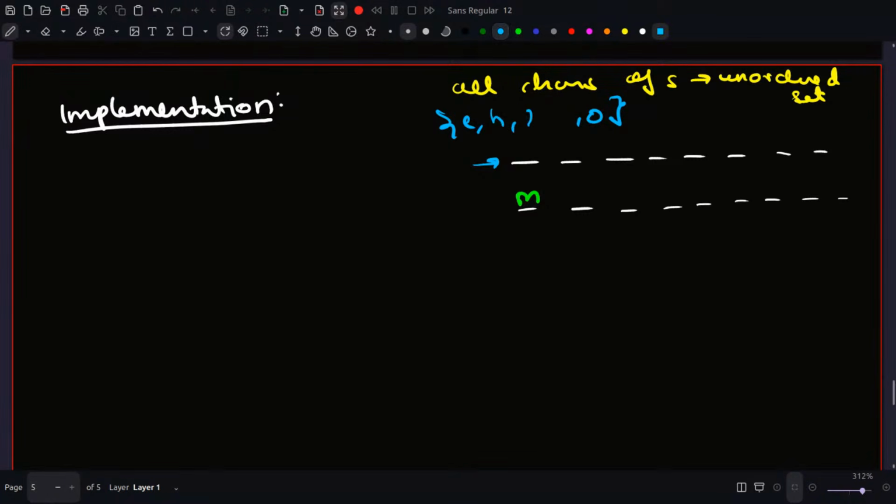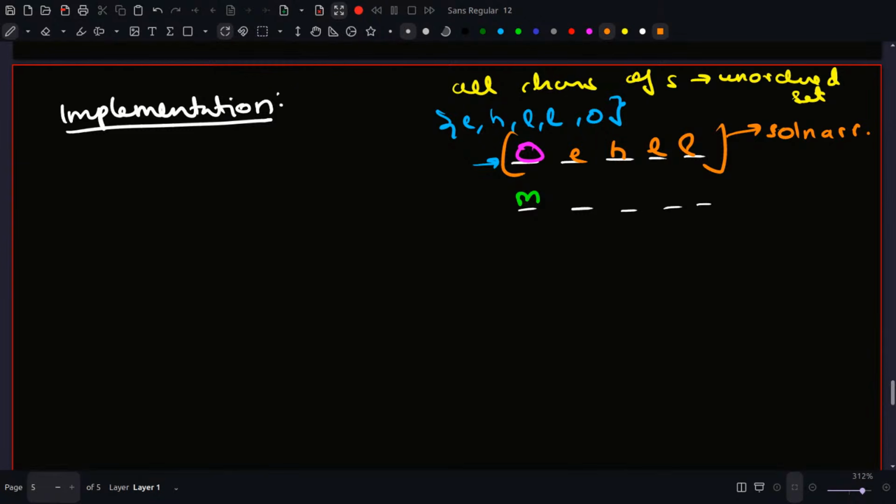We can call upper bound of M, and as you can see, upper bound of M is O. So the first position will be O, and then the remaining positions we can fill up in sorted order. This becomes a possible solution, which we can push to a solution array.